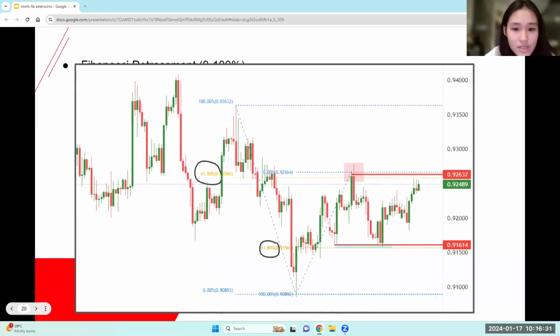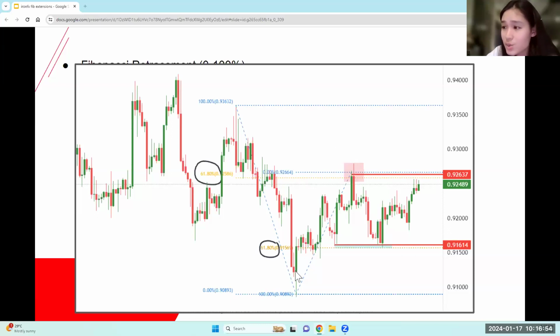Okay, another example here. So here we have two Fibonacci retracements. First one is from the top to the bottom over here, and we have 61.8% that lines up with our 0.92637 level.